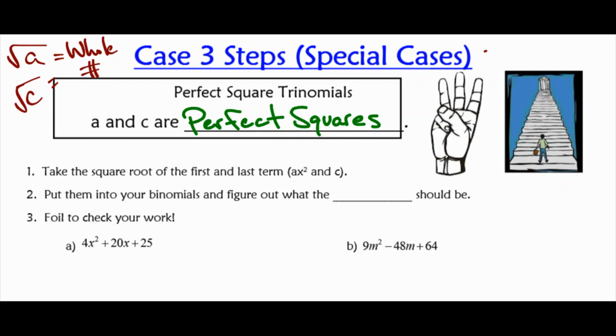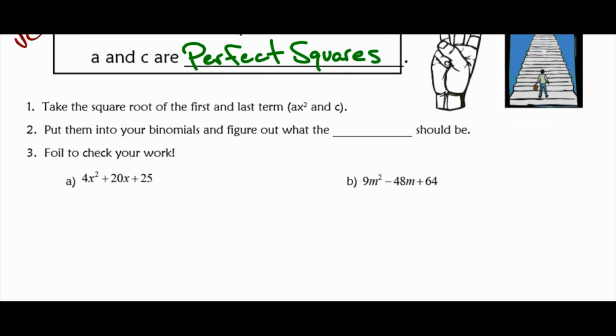We're going to take the square root of the first term and the square root of the last term. So I'm going to do the square root of 4x squared, which means I'm going to do the square root of the number, and I wouldn't be doing this if it's not a perfect square, so this is going to come out to a whole number. That's going to be 2. And the square root of x squared, those operations completely cancel out.